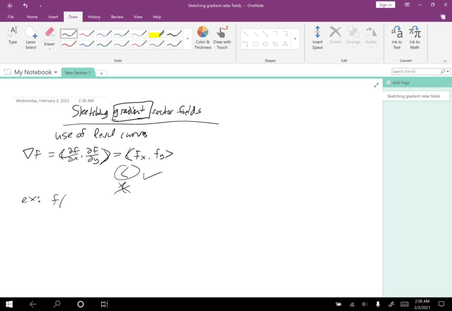So if we do probably my favorite function, which is just the square root of x squared plus y squared, then the gradient is going to be given by 1 over the square root of x squared plus y squared. By the chain rule, we also have 2x, so overall we just get x over the square root.